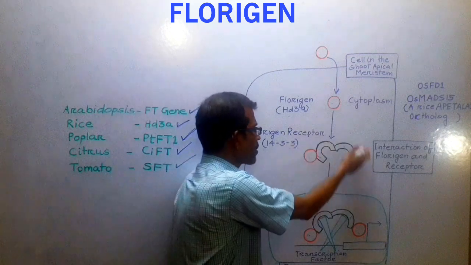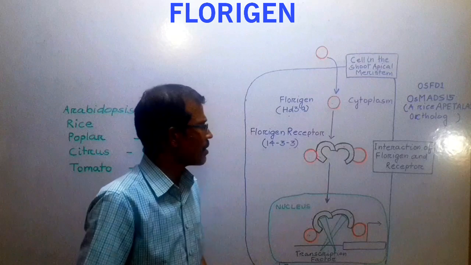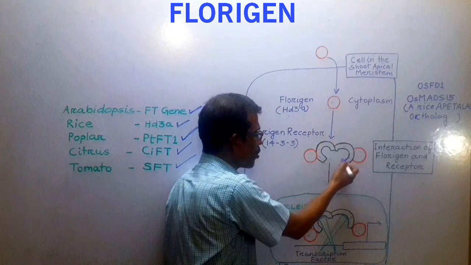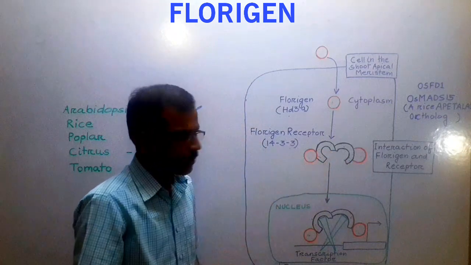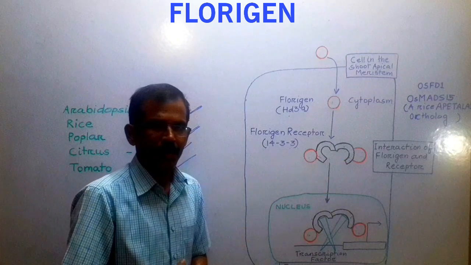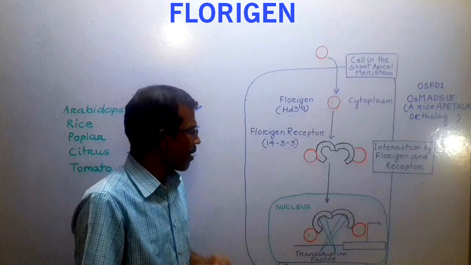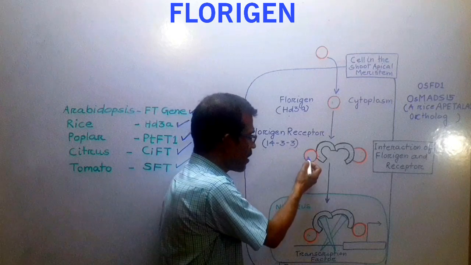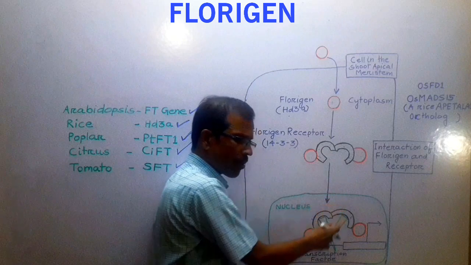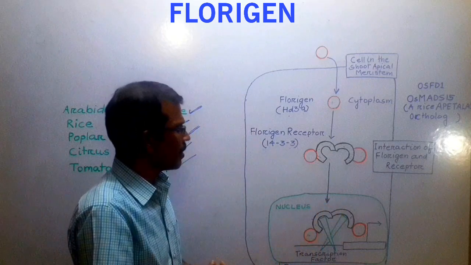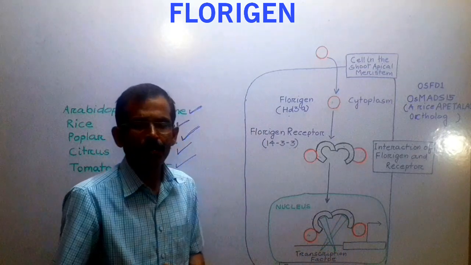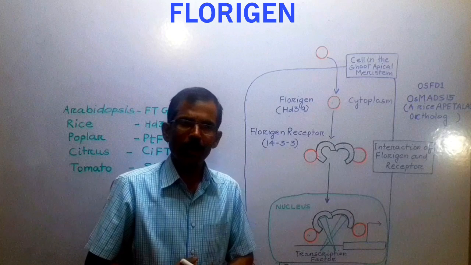In the cytoplasm of cells of shoot apical meristem, Florigen interacts with 14-3-3 protein to form a complex. 14-3-3 protein acts as Florigen receptor. Then the complex of Hd3a protein and 14-3-3 moves into the nucleus where it interacts with a transcription factor OsFD1 to form the Florigen activation complex.